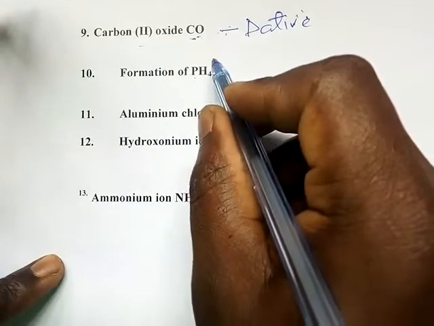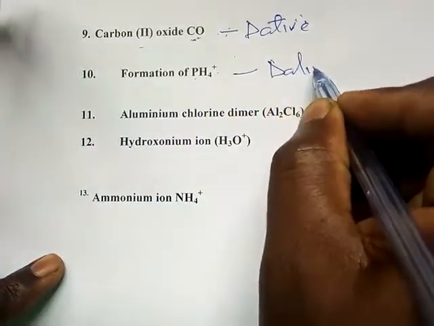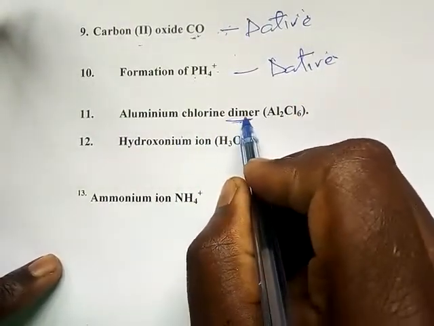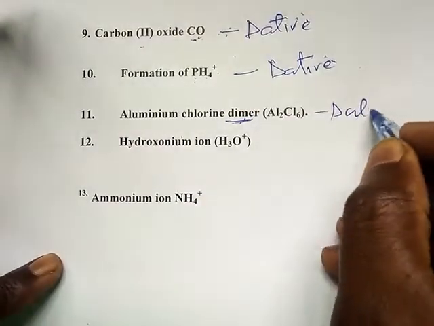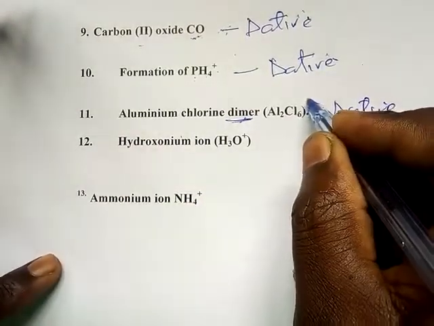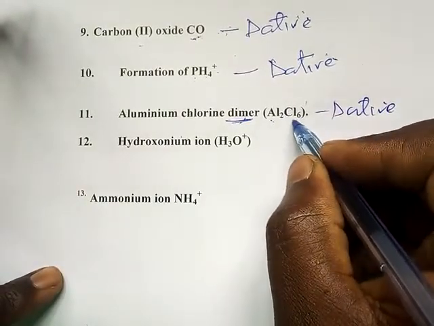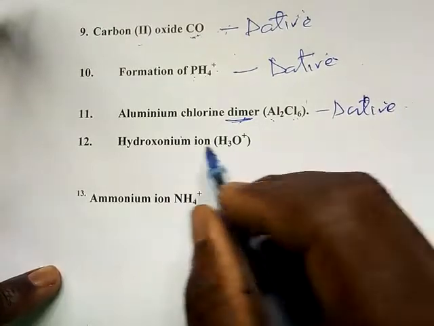Whenever you see the positive sign there, always know that one is dative. Aluminum chloride dimer, you should always master that this one is dative. Although it doesn't have the positive sign, it is a metal and a nonmetal, aluminum and chlorine. It is unique and it undergoes dative covalent bonding.